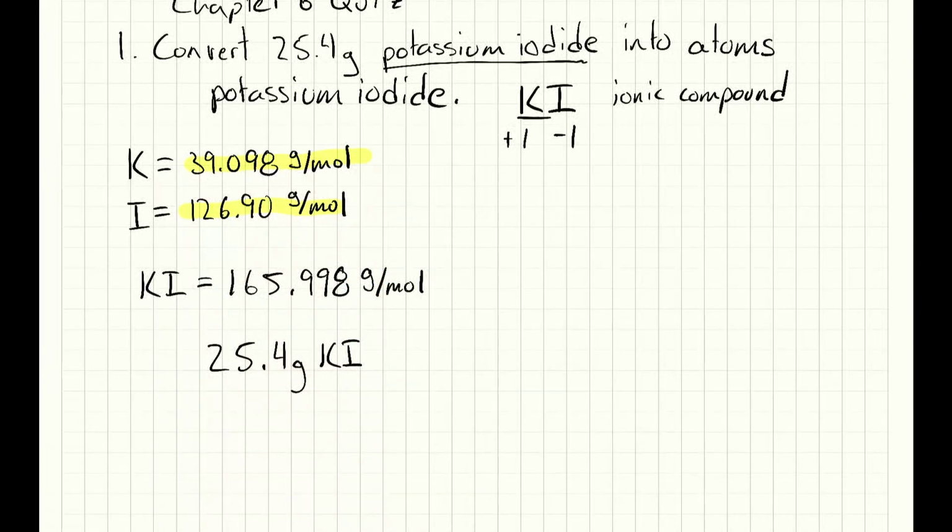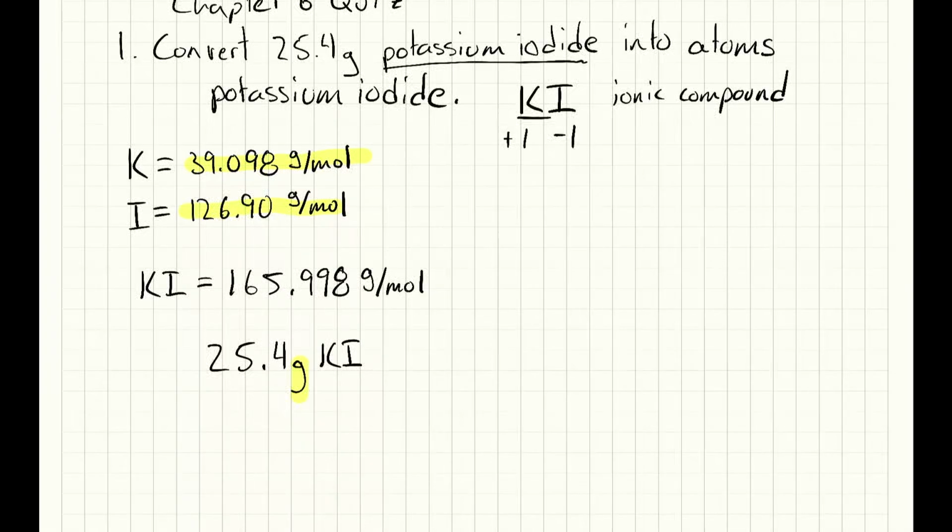We want to convert from grams, because we're working with grams of potassium iodide. We want to go to moles, because moles is an easier way of counting a number of atoms.